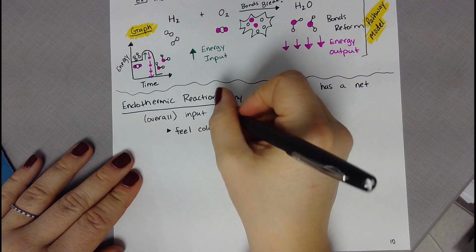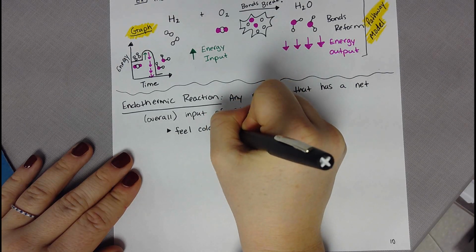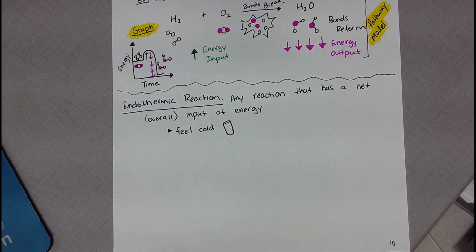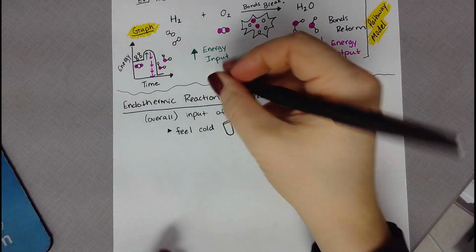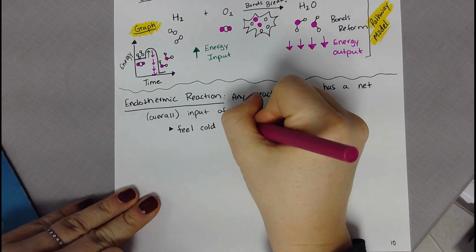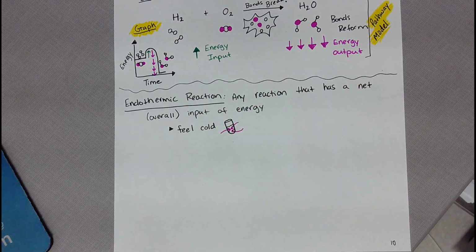Which means if you put your hand on an endothermic reaction, which we haven't yet, but we will in your next lab, that reaction is going to steal your energy. It's going to take energy from your hand, which means your hand's going to feel cold. Just like if you grab an ice cube, that ice cube takes the energy from your hand and melts the ice cube.